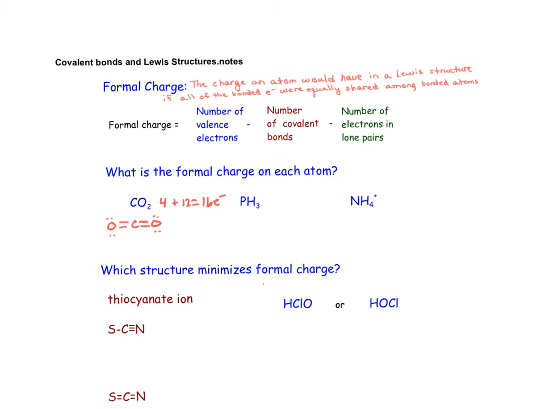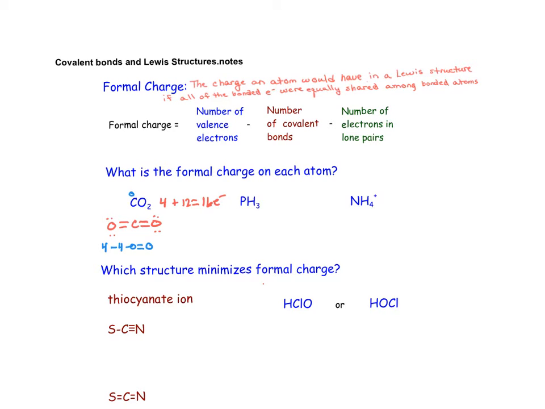So for the carbon, we take the 4 valence electrons minus the number of covalent bonds, which is 4, minus the number of electrons in lone pairs, which is 0. So the formal charge on carbon is 0. And we just put it right above the atom.